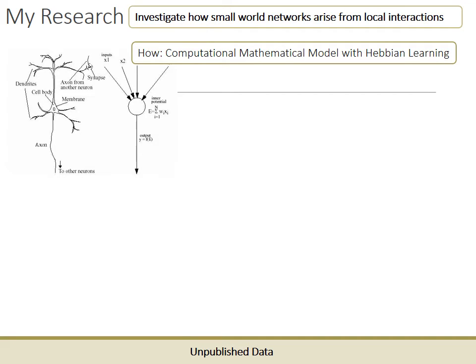The mathematical aspect of it is fairly simple. The behavior of neurons is fairly simple. It just takes the sum of all the inputs, and if it is above a certain threshold in that neuron, then it fires a postsynaptic action potential to the neurons that it's connected to.